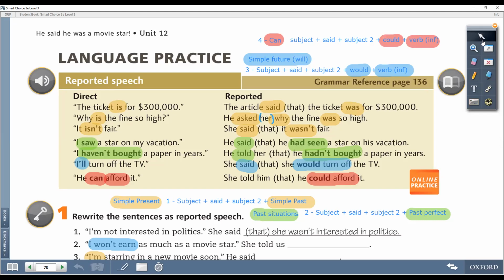Okay, that's nice. So just to begin, we have 4 different situations. 1, 2, 3, and 4. Okay, so far so good. Why are we talking about it? Because we are talking about reported speech or when we say what somebody said.